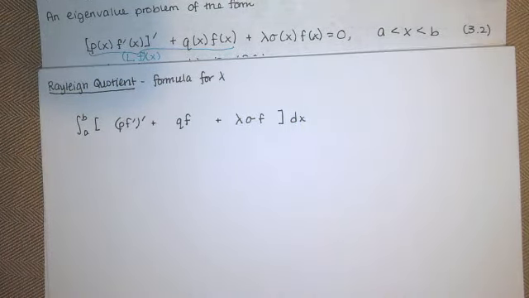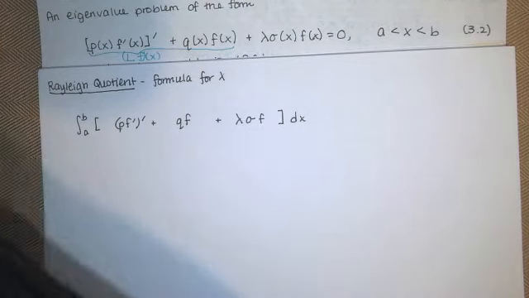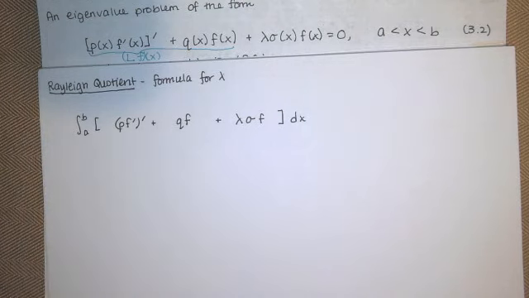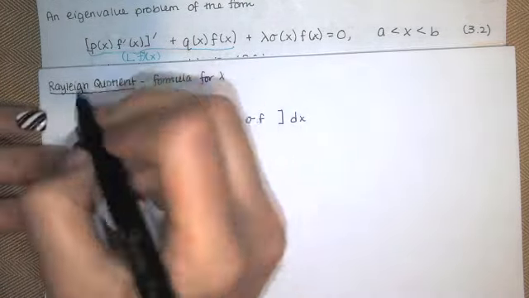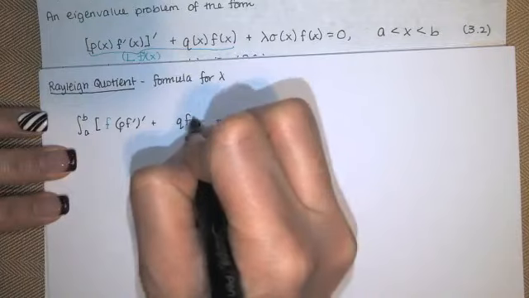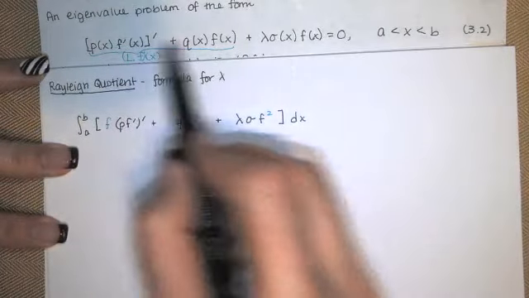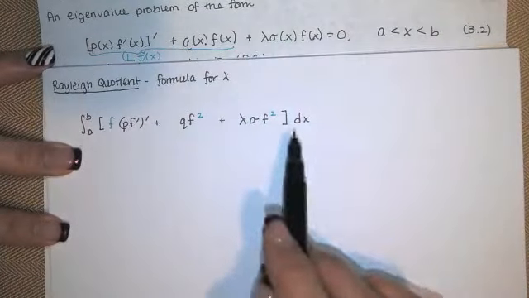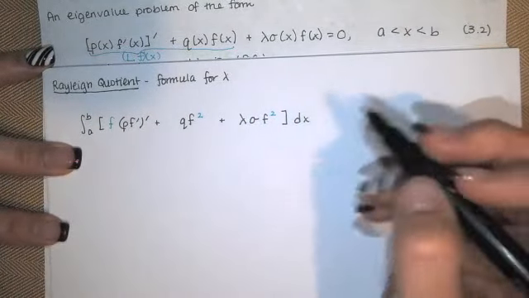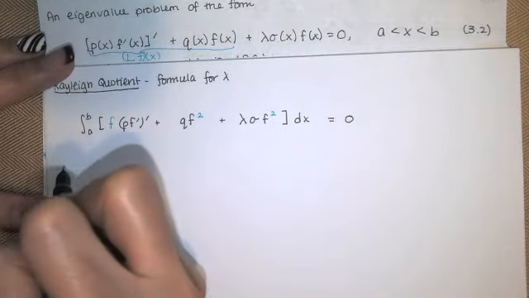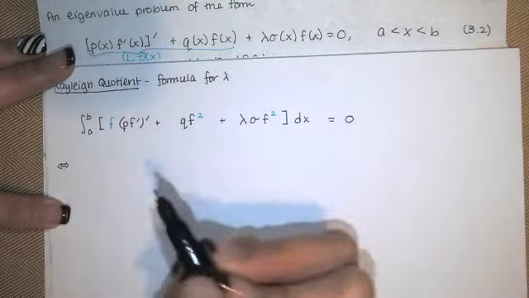We want to take that equation and multiply by f and then integrate. F times f is f squared. Now this was equal to 0, so when I multiply the 0 by f and integrate, I still get 0. So that's true.